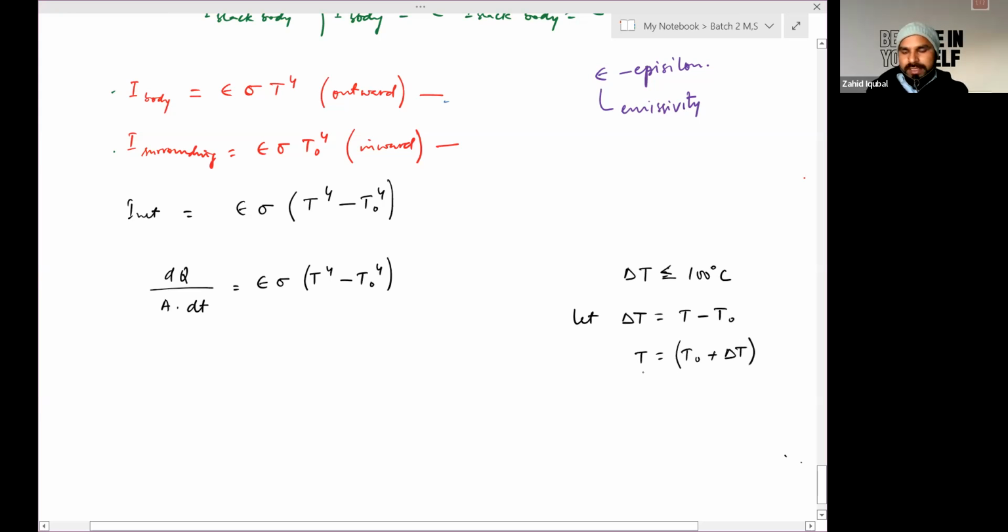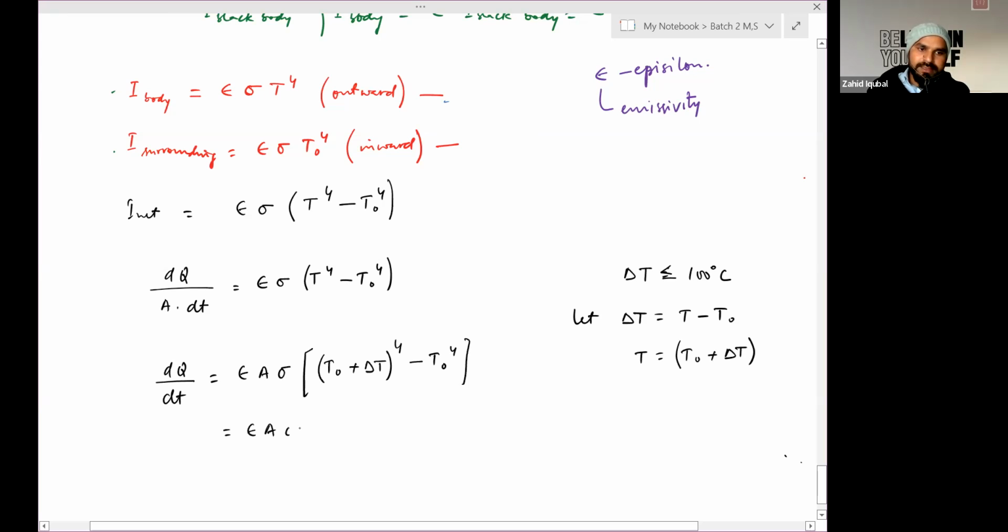Put the value of T as T naught plus delta T in this expression. So you'll get dQ by dt equals epsilon A sigma times (T naught plus delta T in place of T) whole to the power 4 minus T naught to the power 4.